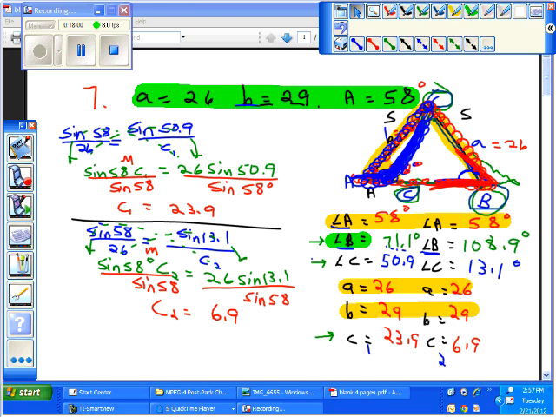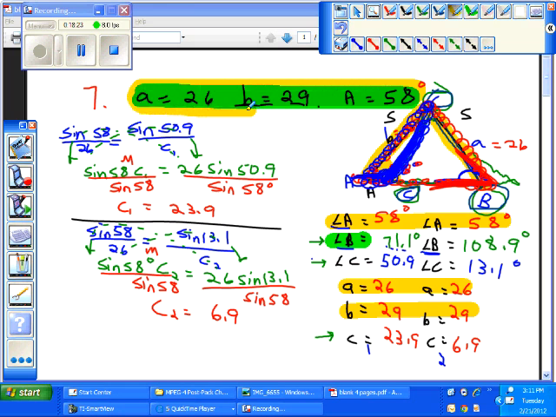Any questions on the law of sines, the ambiguous case? So in this particular problem, we have two possible solutions. Again, notice that what was given was little a, little b, and angle A. And so even in our two choices, angle A, little a, and little b are not variable.